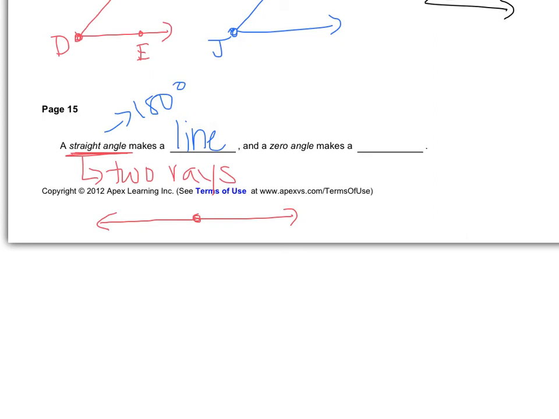A zero angle, which is also made from 2 rays, looks like this, where you have 2 rays on top of each other. And it makes a ray. Really, it's just one ray. So a straight angle has 180 degrees. This thing right here is 180 degrees. It's made from 2 rays that are side by side.